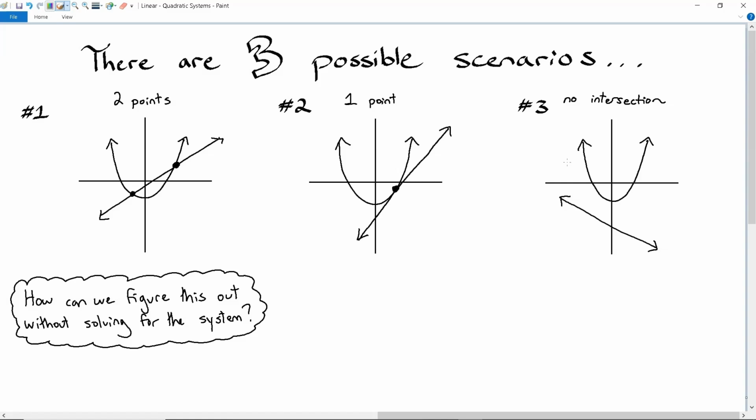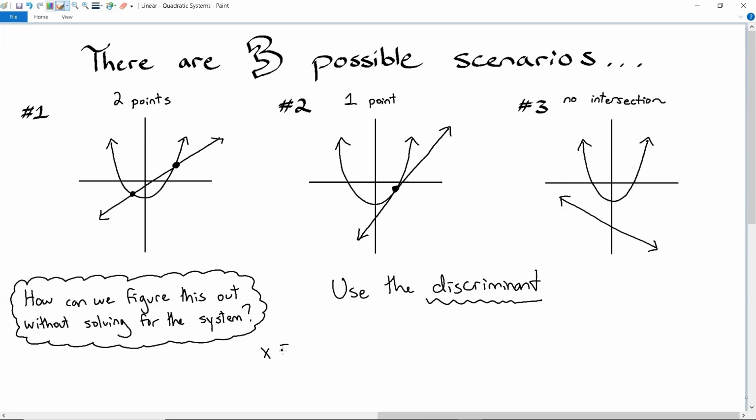But how would we be able to figure out what scenario we're looking at without doing all of the busy work and solving for the question? What we can do is we can use the discriminant. And what do I mean by that?